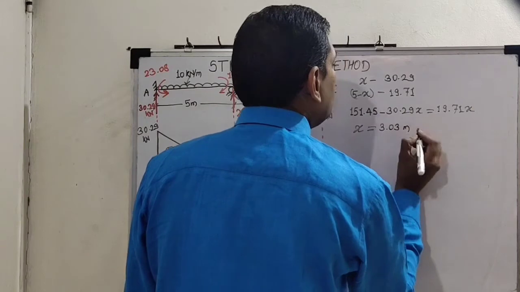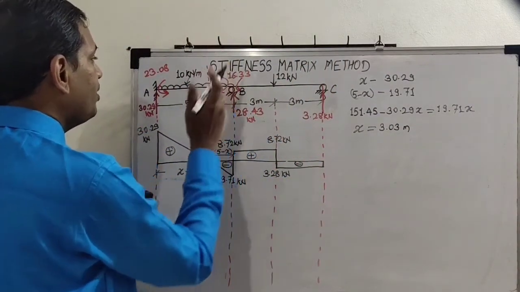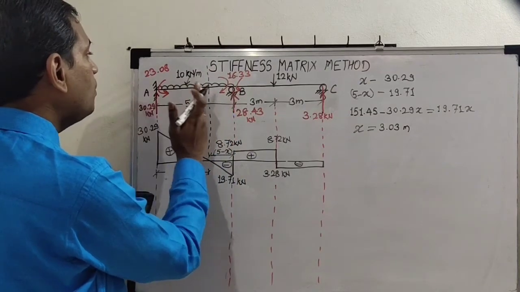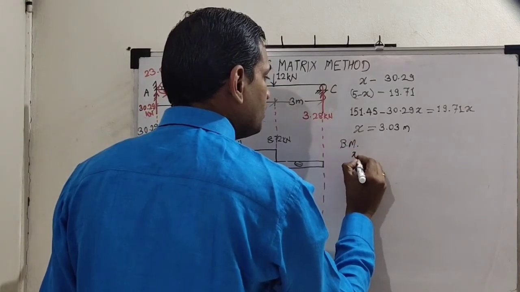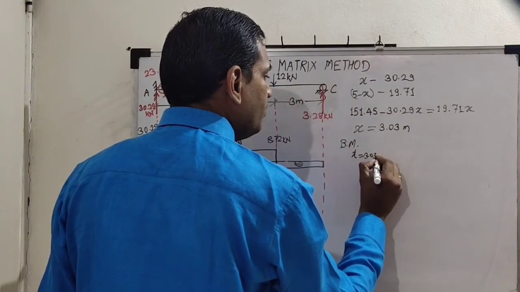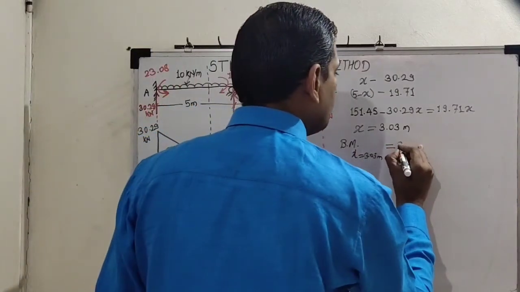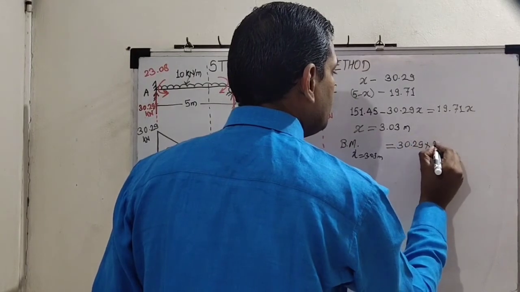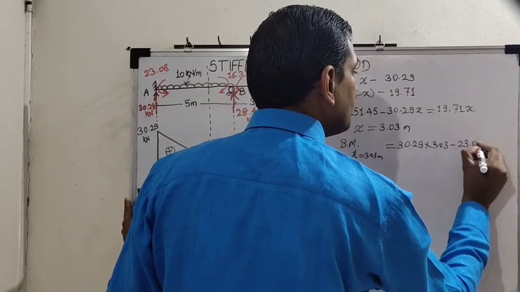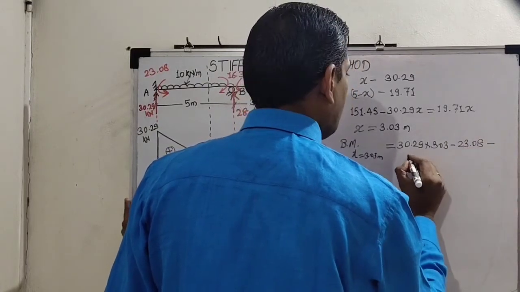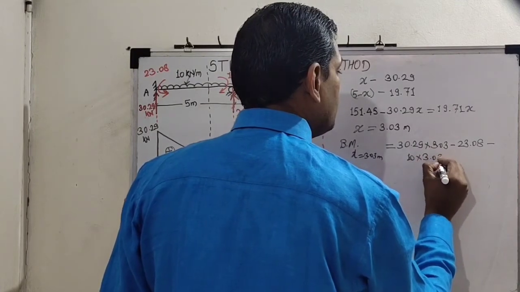X is 3.03 meters. So we will take a section here in the loading diagram. We will consider the left hand side part of the section, and we will write the equation for bending moment at x equal to 3.03 meter. So let us write 30.29 into 3.03 minus 23.08 minus 10 into 3.03 square by 2.